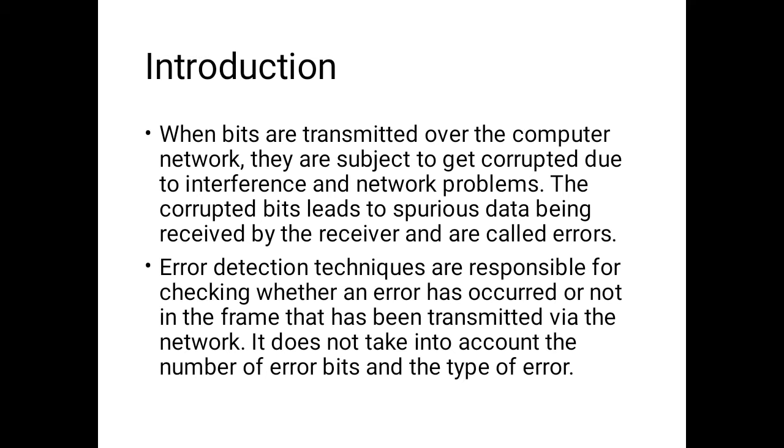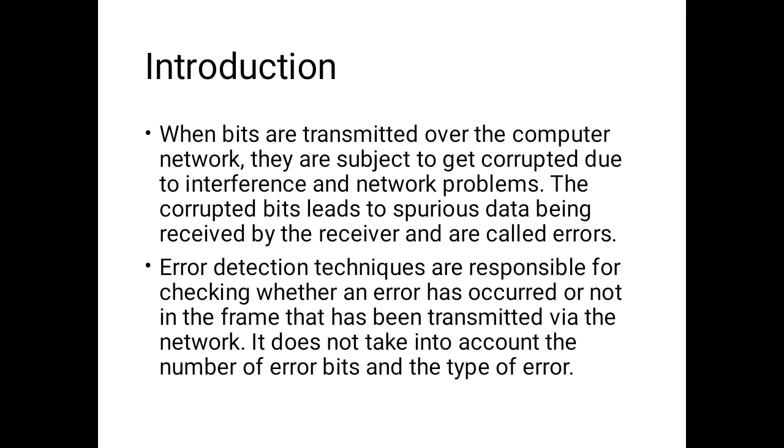Now coming to the introduction part. In a digital communication system, when bits are transmitted over a computer network, they are subjected to getting corrupted due to interference. They are subjected to getting corrupted, that means spoiled or damaged, due to interference and network problems. Interference in this paragraph just means noise.